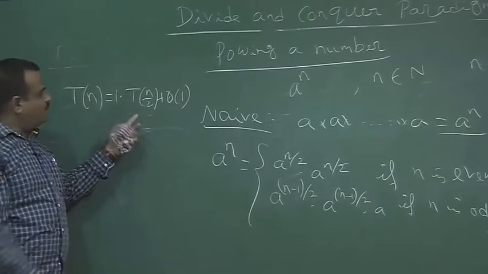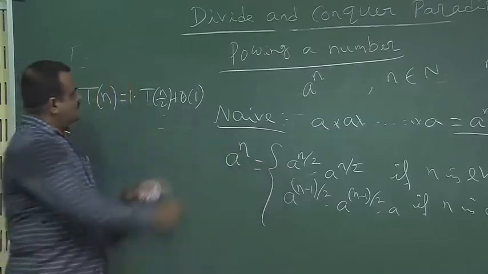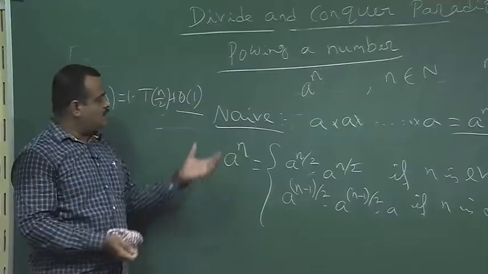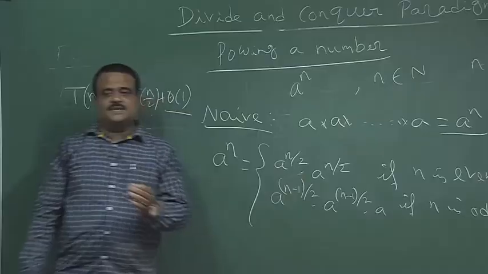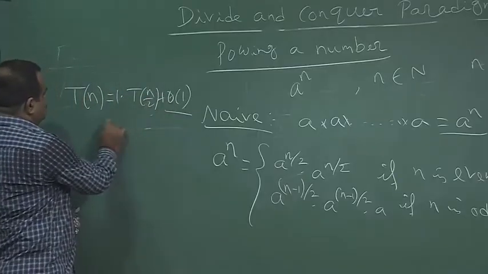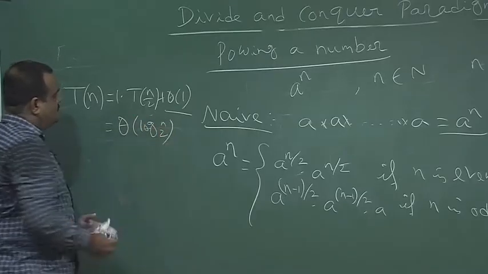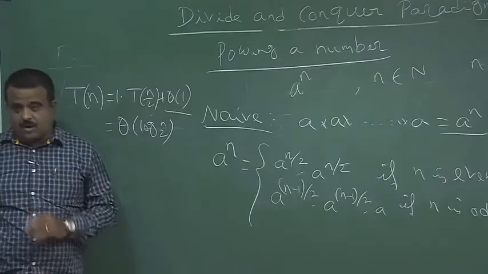We are only computing one subproblem, one a to the power n by 2, and then this is the cost for divide and combine. The combine phase is basically multiplying two numbers. So, that is the same as the binary search recurrence, and the solution is again given by the master method, case 2.